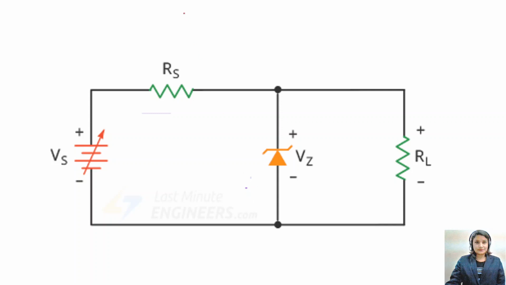This is a circuit diagram for Zener as line regulation. Here you can see we have used a DC power supply. An arrow is shown over it. It indicates its value is changing.